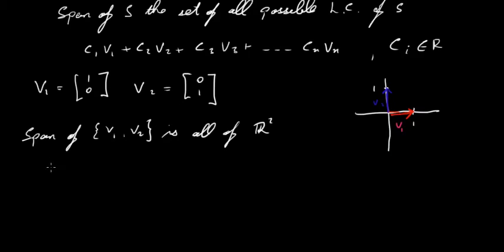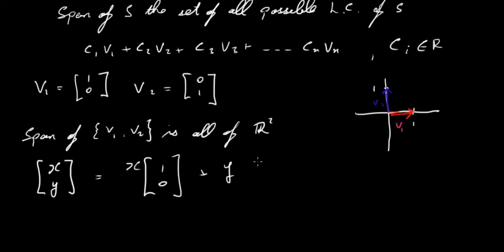So for example, any vector (x, y) can be expressed as a linear combination of these two vectors. In other words, it would just be x times v1 plus y times v2.